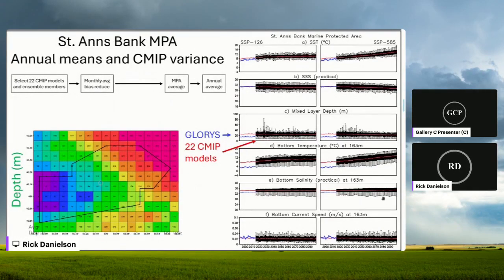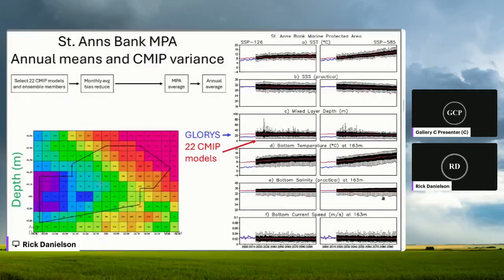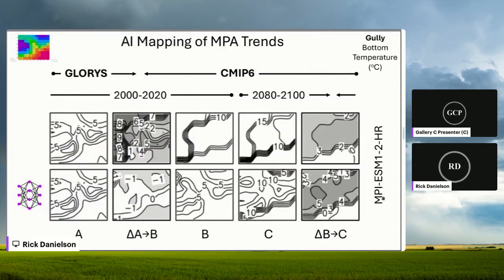So if we go to St. Anns Bank, also something that Mike was showing earlier, and I flip back and forth, you can see a reduction in the variance and nominally this bias, or difference in the two estimates, of the 6 variables that we're interested in. That's the initial variance among the models, and this is the variance after the calibration. We also want some spatial variability.